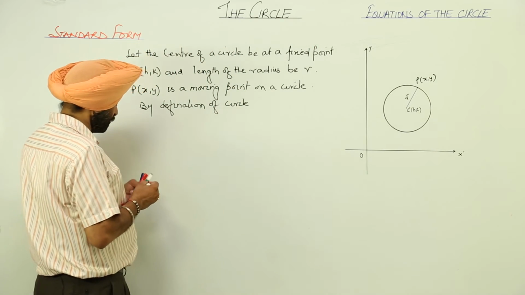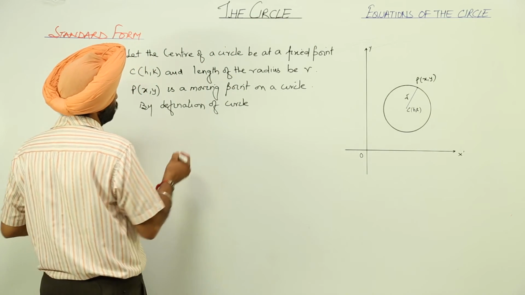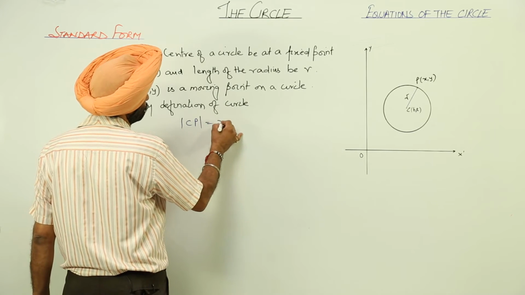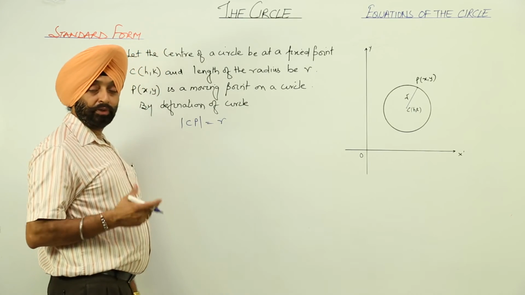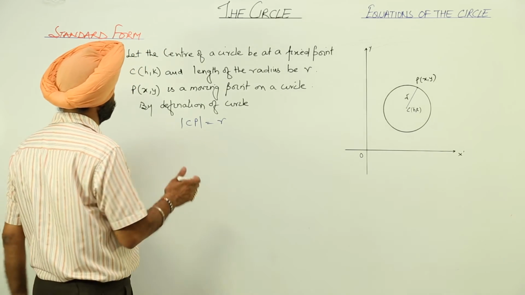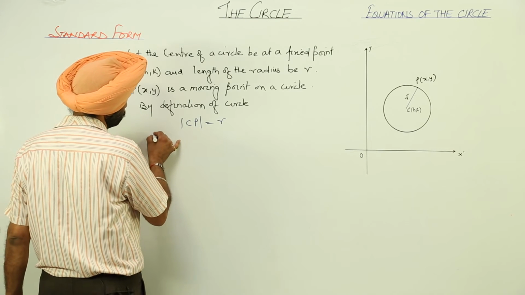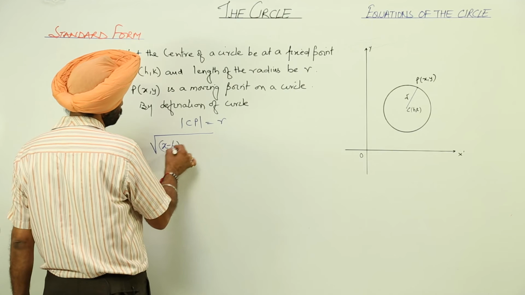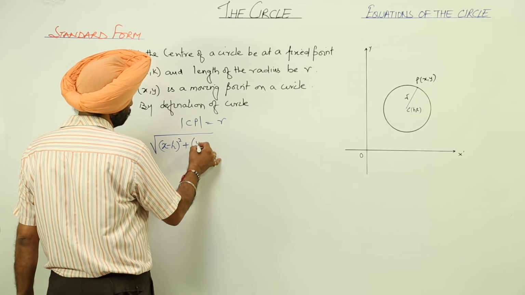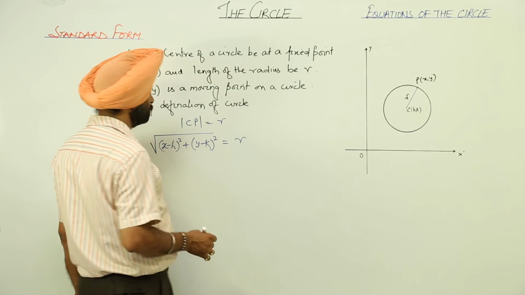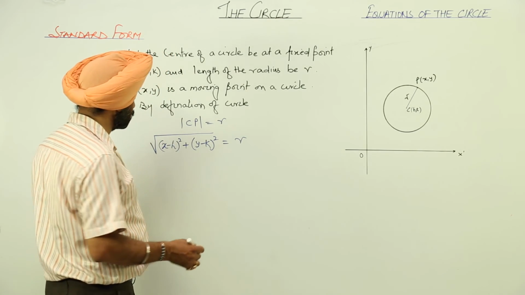So, now by definition of a circle, what we are having, CP is equal to r. Now here we are going to use the coordinate geometry distance formula for CP. Now, that is the square root of x minus h whole square plus y minus k whole square is equal to r, okay, using the distance formula.